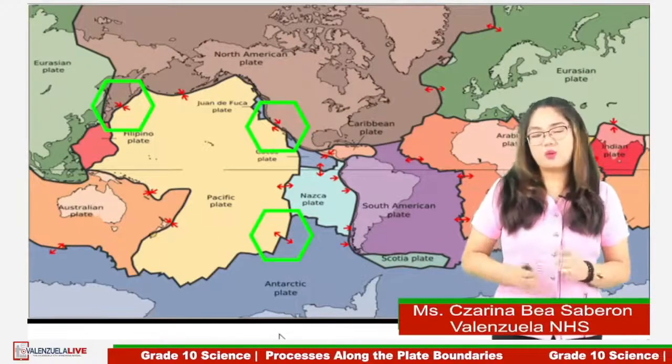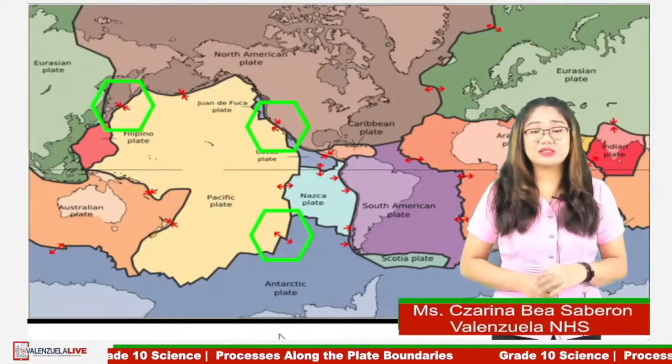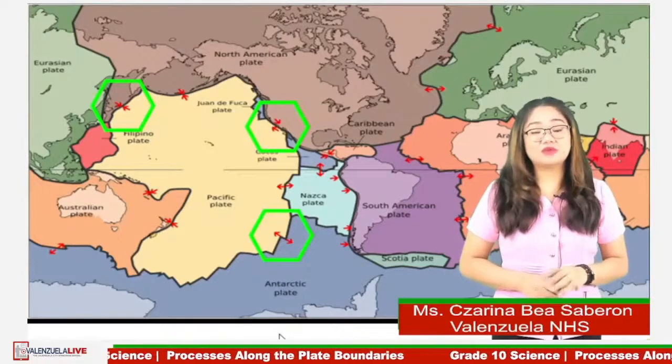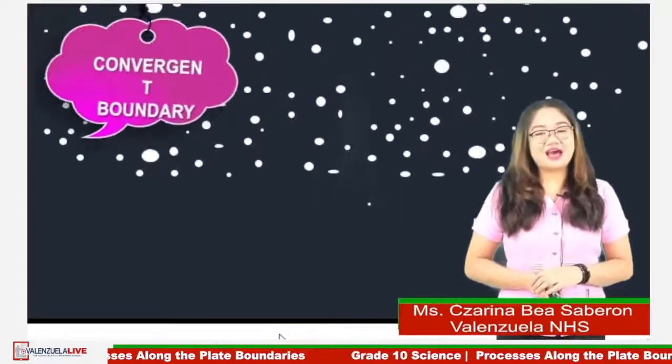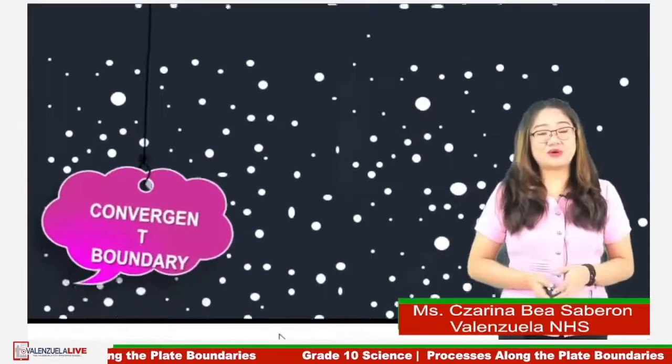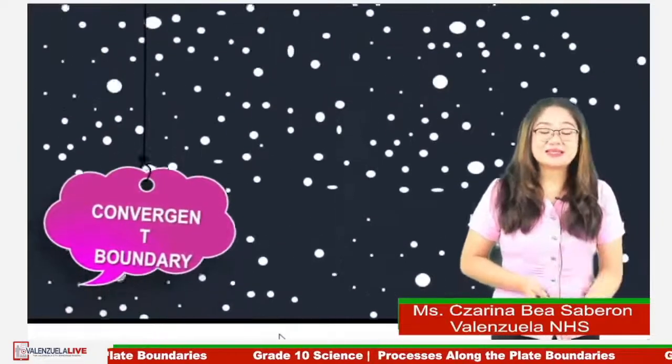So, what are those processes that could give rise to the beautiful sceneries that we see in our nature? Let us start with the first process, which is the process happening along the convergent boundaries.